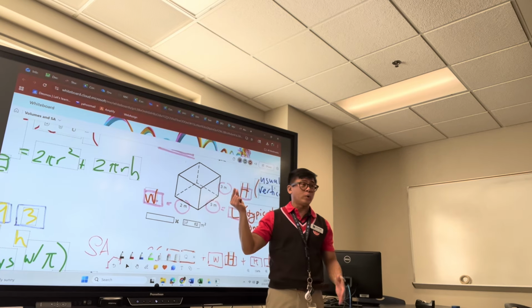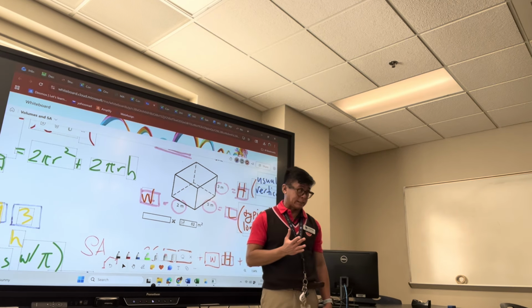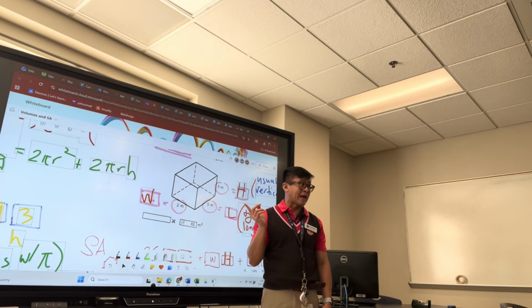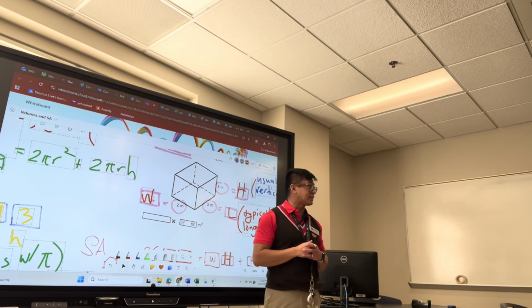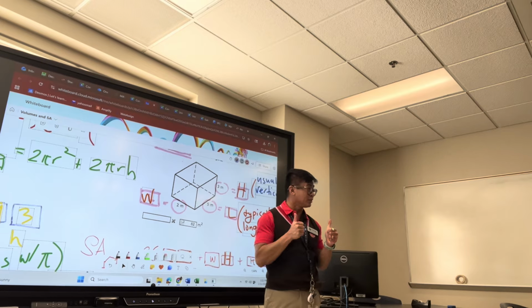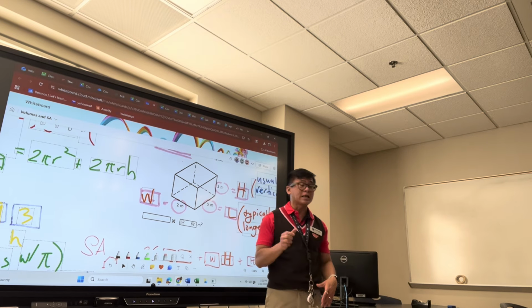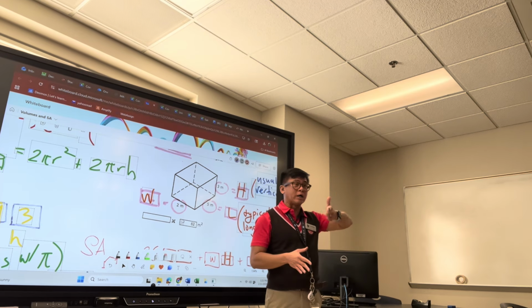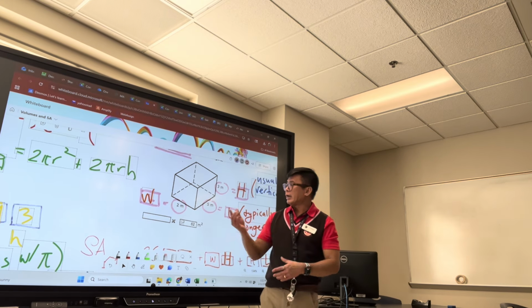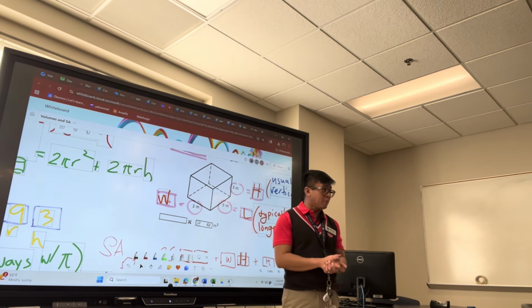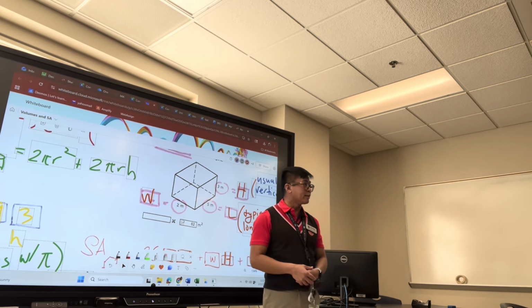And how do you know which one is length, width, and height in a rectangular prism? Well, typically the length is always the longest side. Good. The height is always the vertical component, okay? And the width will typically be shorter than the length.